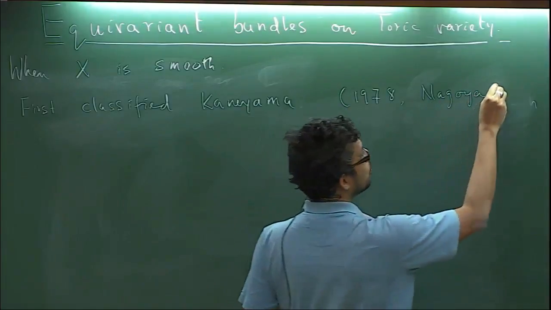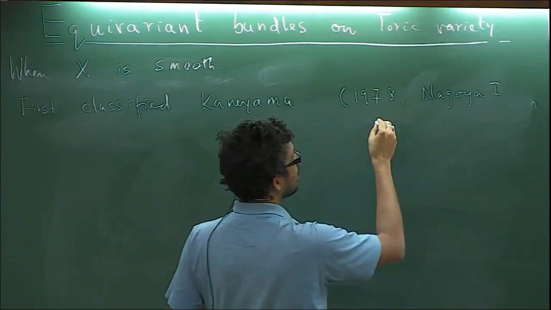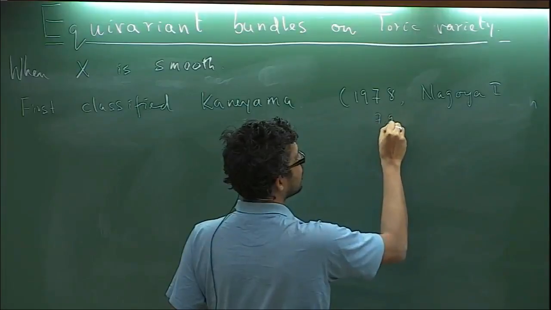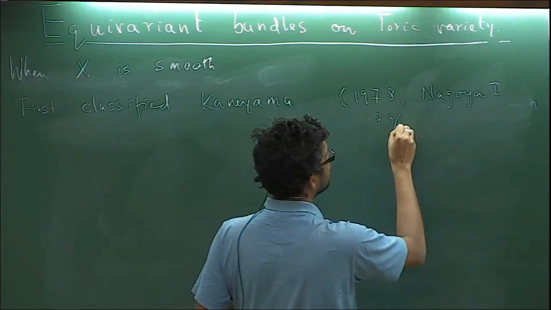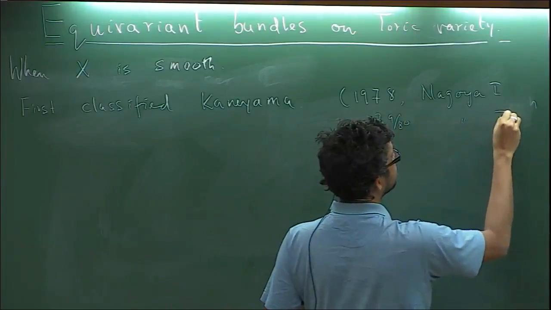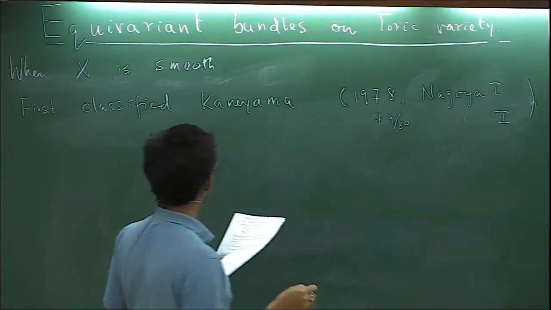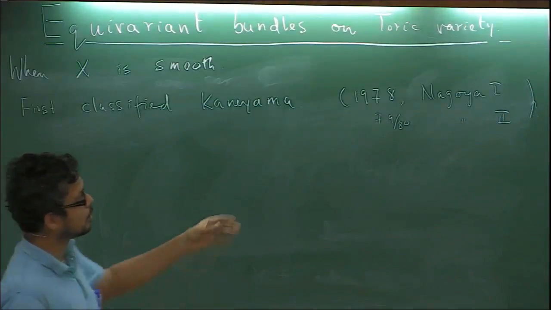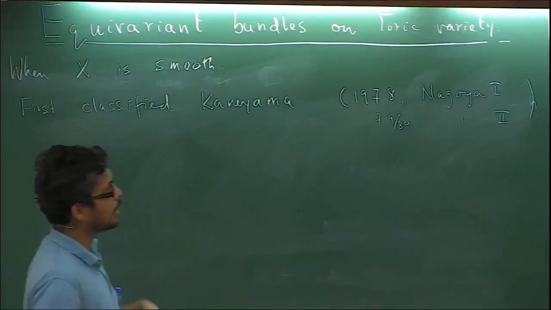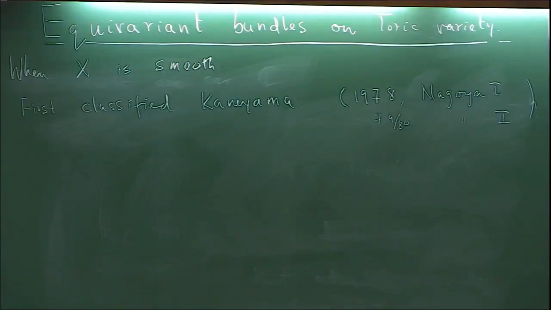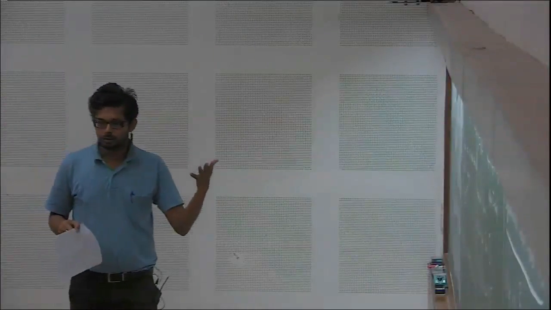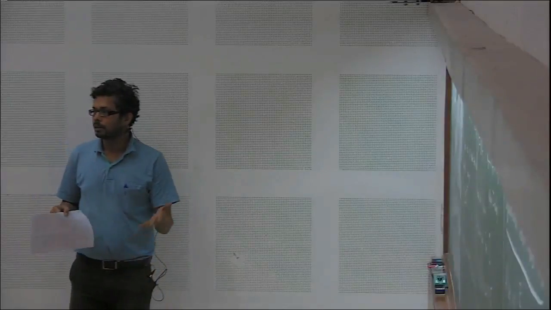He wrote two papers, 78 and 79, or 79 and 80, I'm not sure. The first paper talks about the classification, and the second is more about when an equivariant vector bundle splits, and he tries to solve the Hartshorne conjecture for equivariant vector bundles.